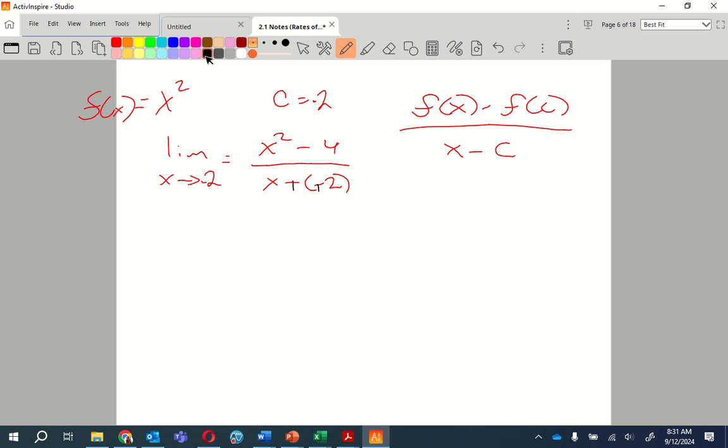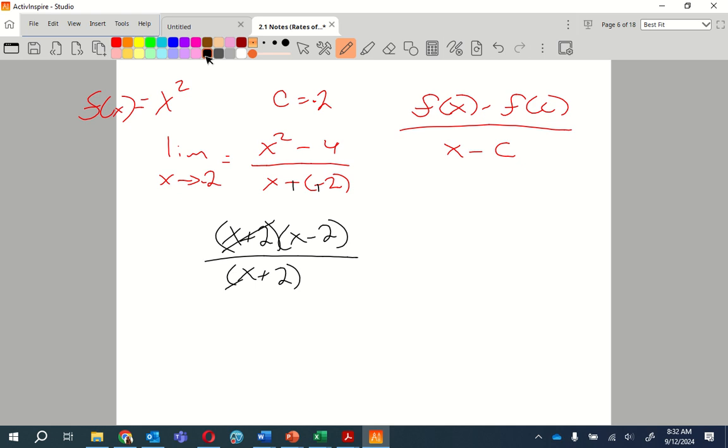And what can I do with that top right there? Factor, right? It's a difference of squares. Okay. So I get x plus 2, x minus 2 over x plus 2. And then I'm trying to find a limit as this.